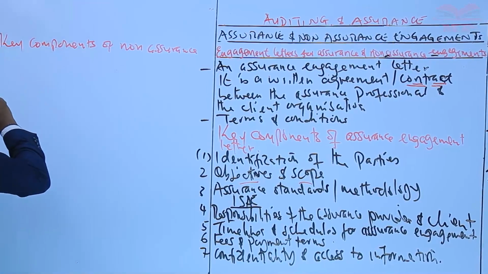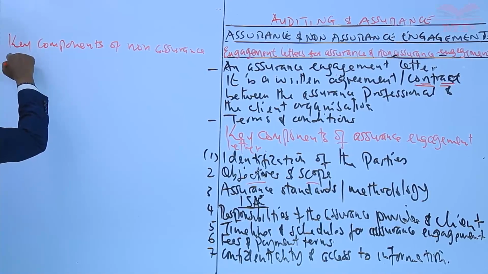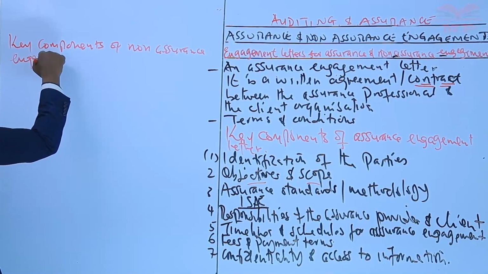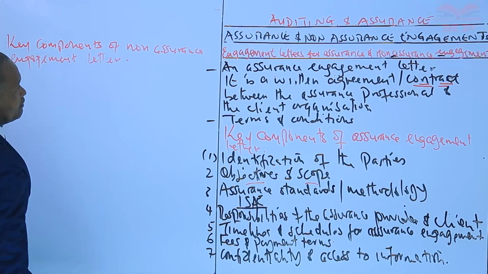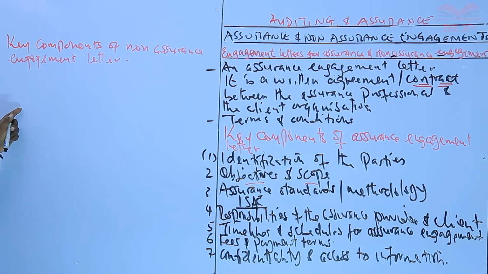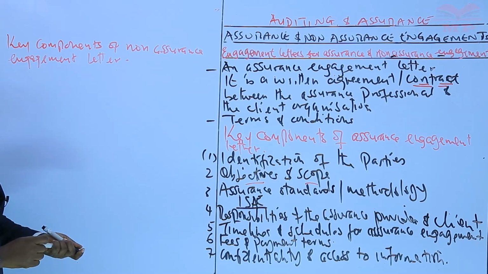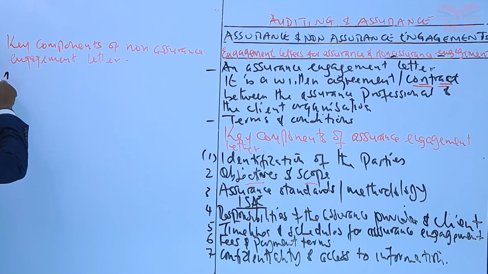Just like in the key components of an assurance engagement letter, one is identification of parties.